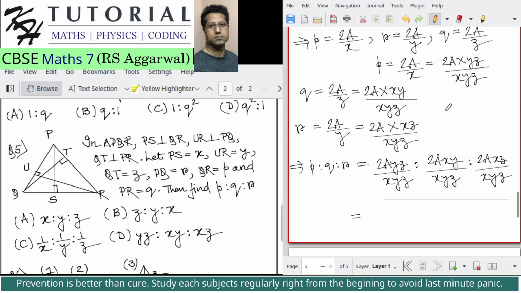What was the concept of ratio and proportion? If I have a ratio, let's say 2 by 3 is to 6 by 3 is to 7 by 3, will this be equal to 2 is to 6 is to 7?